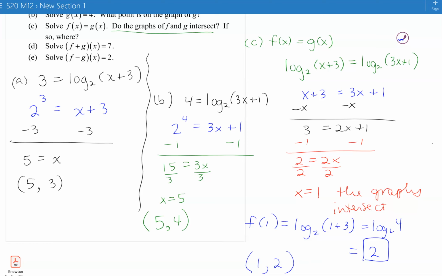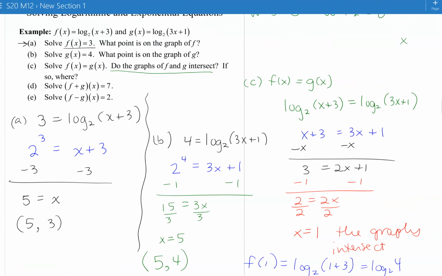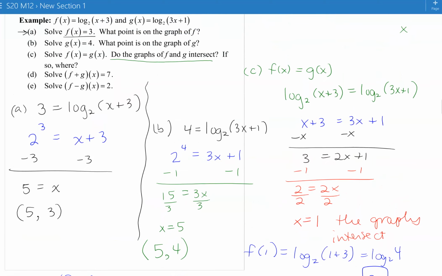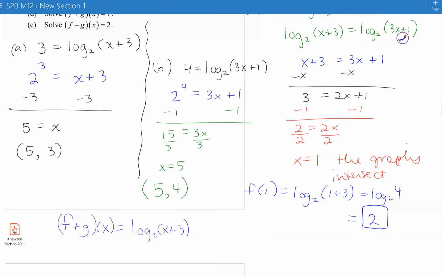And then the plus and the minus, that's just to remind you that we can find the f plus g function by adding the two functions together. So I have the log base 2 of x plus 3 and the log base 2 of 3x plus 1, and those are added.